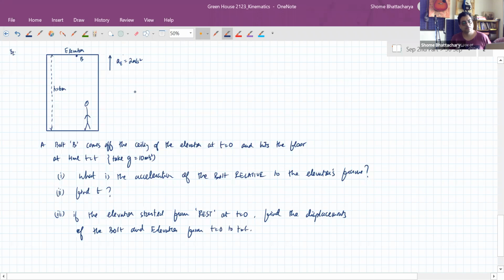So the elevator has a uniform vertical acceleration equal to 2 meters per second square, as you can see, and the height from ceiling to floor inside is 6 meters. Okay, so just try this out.